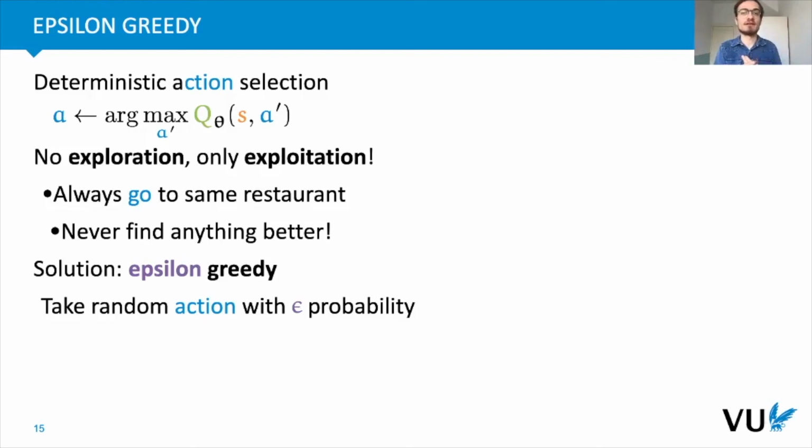So you always take the best action, but with epsilon probability, you take a random action to be able to explore a bit. This is by no means the best way to explore. There are way smarter algorithms, but it's a good baseline to start with.